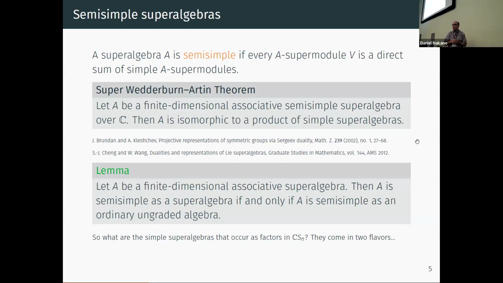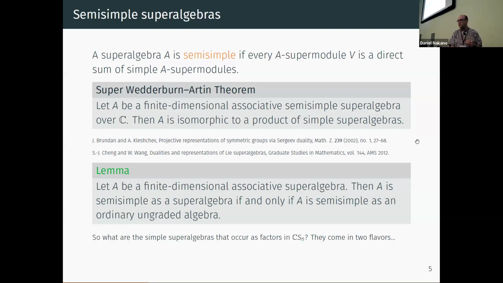Another important lemma for us is that a finite dimensional associative superalgebra is semi-simple as a superalgebra if and only if it's semi-simple as an ordinary ungraded algebra. So if I forget the Z2 grading and it's semi-simple, it'll still be semi-simple in the super sense. This tells us off the bat that the group algebra of the symmetric group will be semi-simple as a superalgebra. But then the question is, what are those simple superalgebras that show up in that Wedderburn-Artin decomposition? What factors occur and how many times does each factor occur?